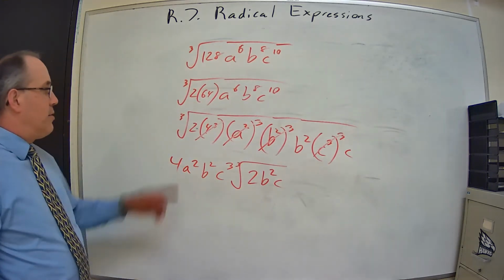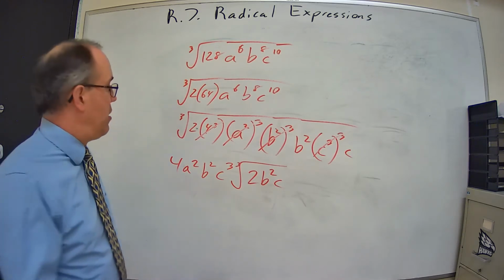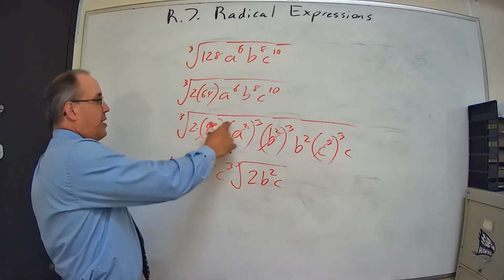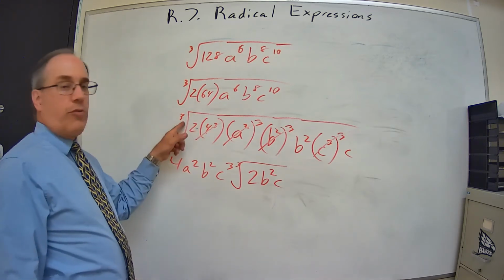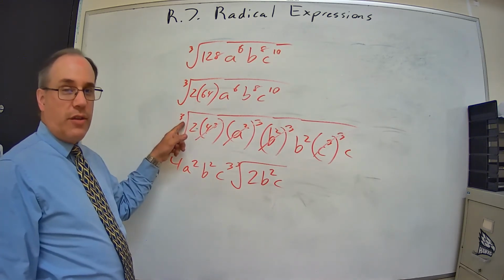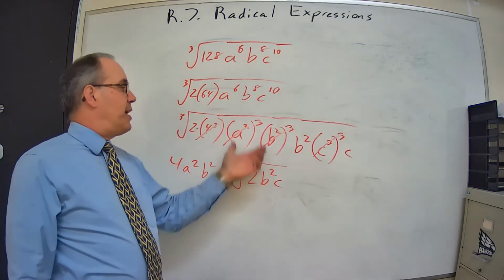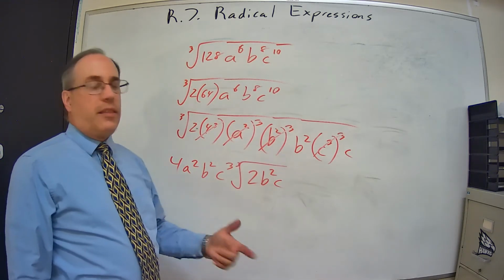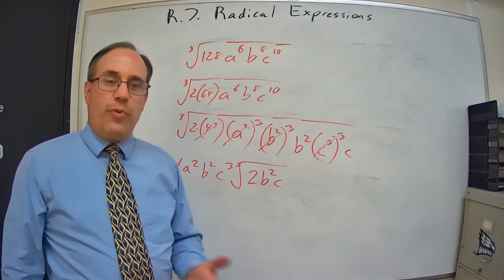So what did I do? I used the power rule to create a base raised to the correct power to cancel this out. And I used all that I could, I got the highest amount I could, anything left over had to stick in the radical. We couldn't get rid of it.